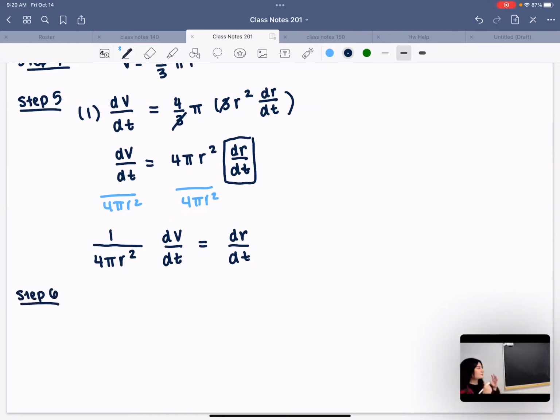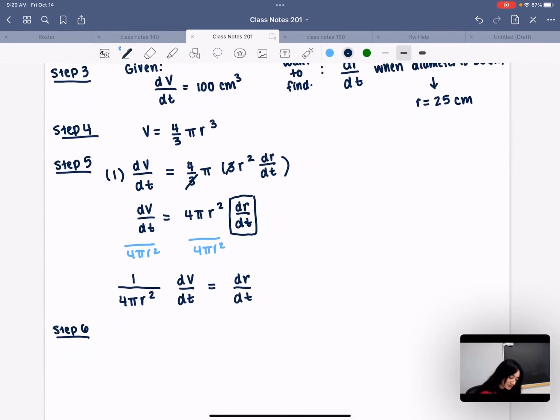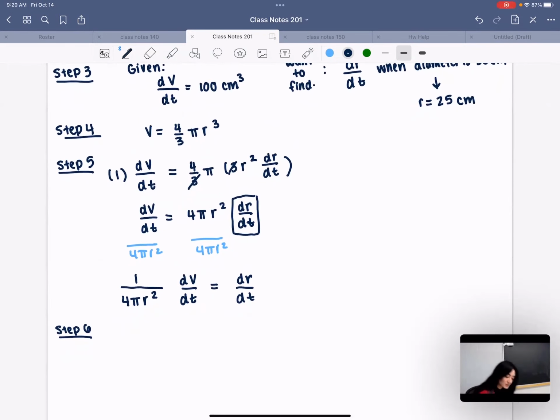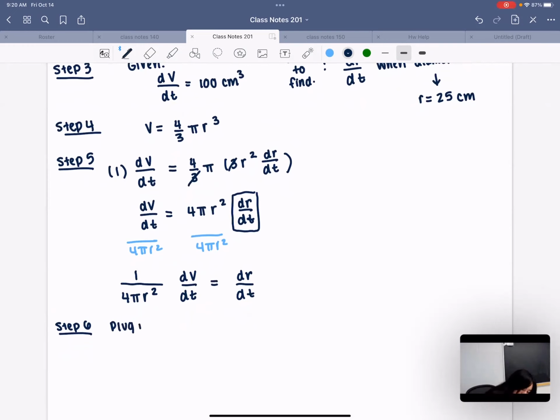Step 6 says I need to plug in what I'm given and what I want to find. Let's look at what we're given. We want to plug in dV dt, so from step 3, dV over dt is 100 centimeters cubed per second. And since I want to find the derivative at r equals 25 centimeters, I'm also going to plug that in.